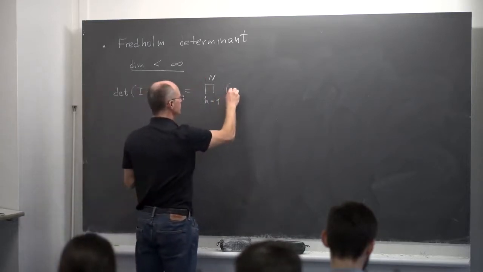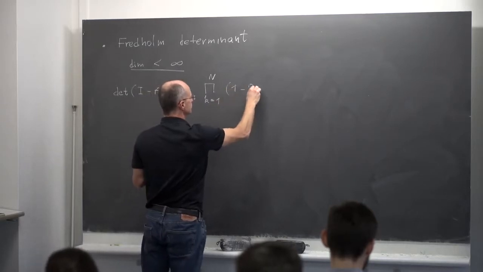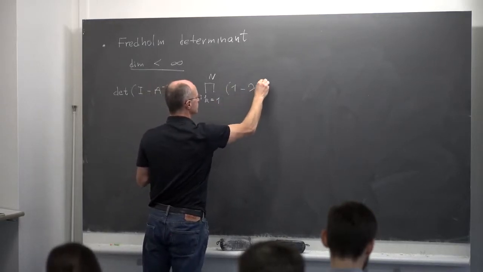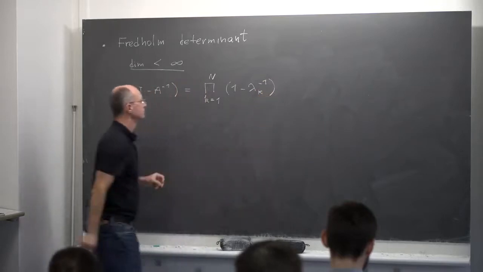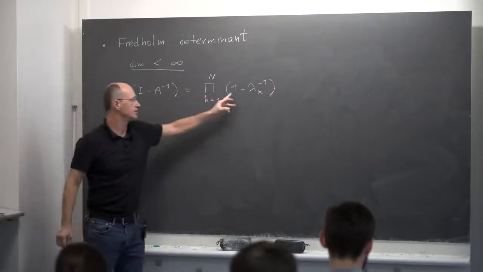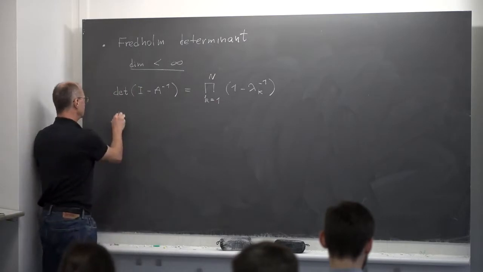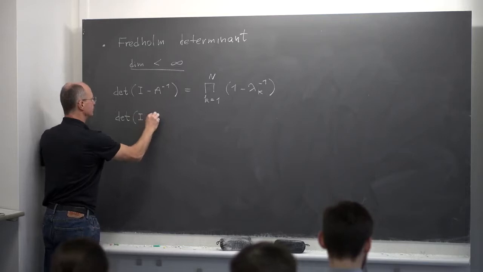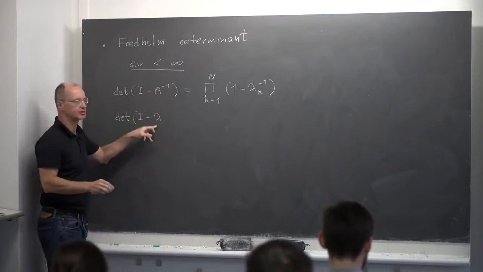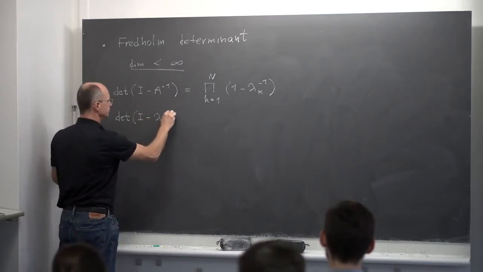So this is simply the product of eigenvalues. And eigenvalues are simply 1 minus lambda k inverse. Maybe a somewhat more interesting determinant. Let's introduce a variable lambda.